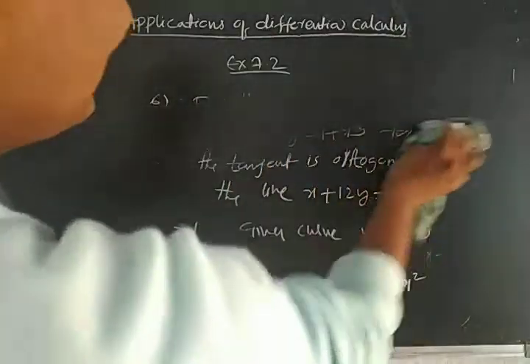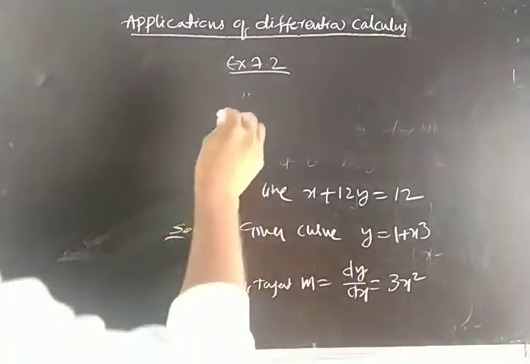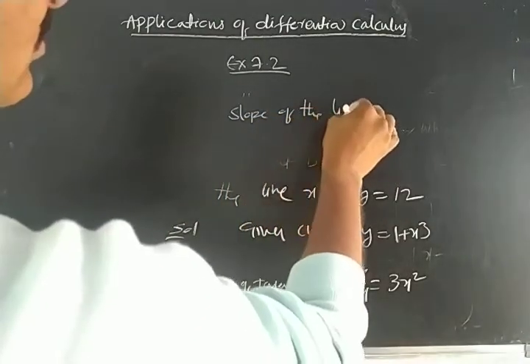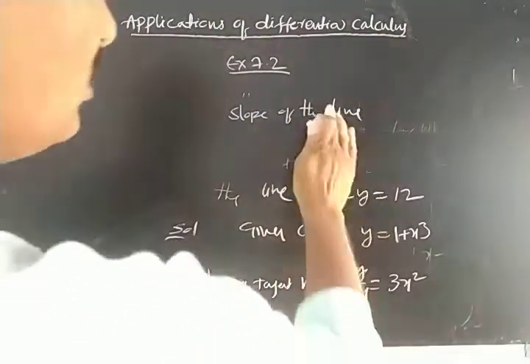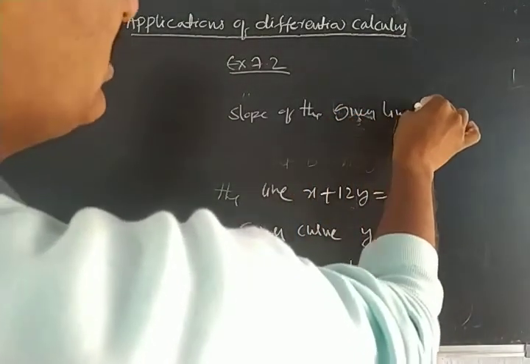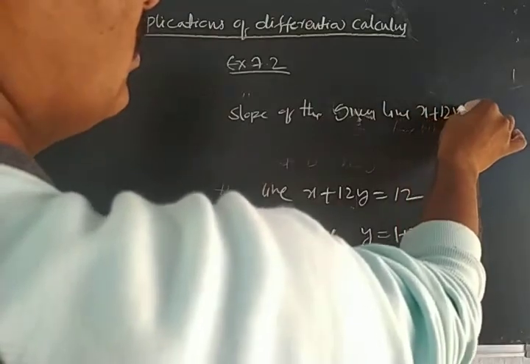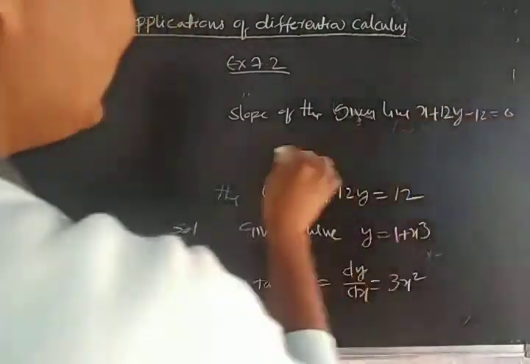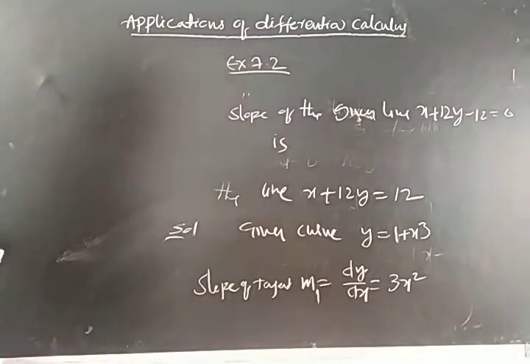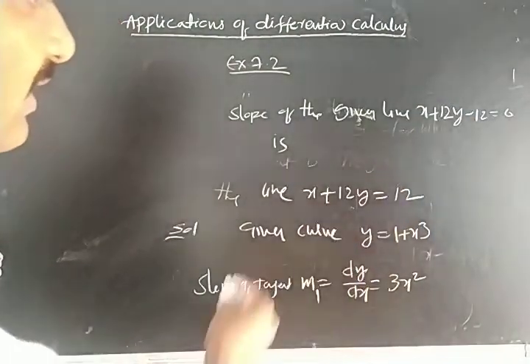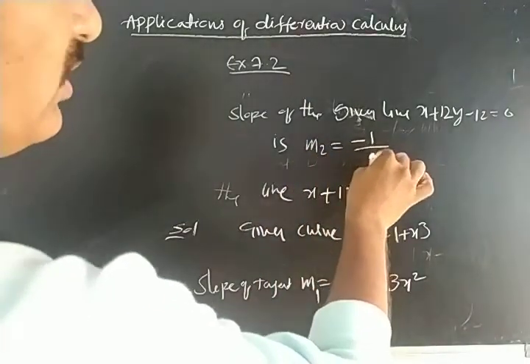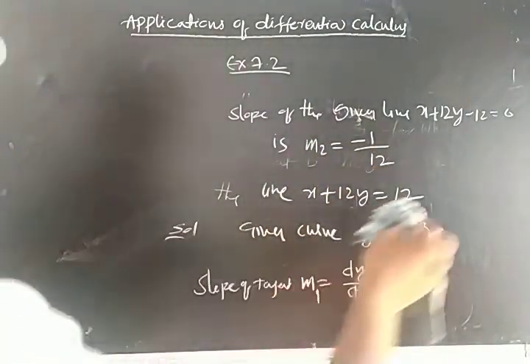And the slope of the given line: the given line equation is x plus 12y minus 12 equal to 0. Suppose I take the slope of this tangent as m1 and the slope of the given line as m2. m2 equal to minus x coefficient by y coefficient, minus 1 by 12.